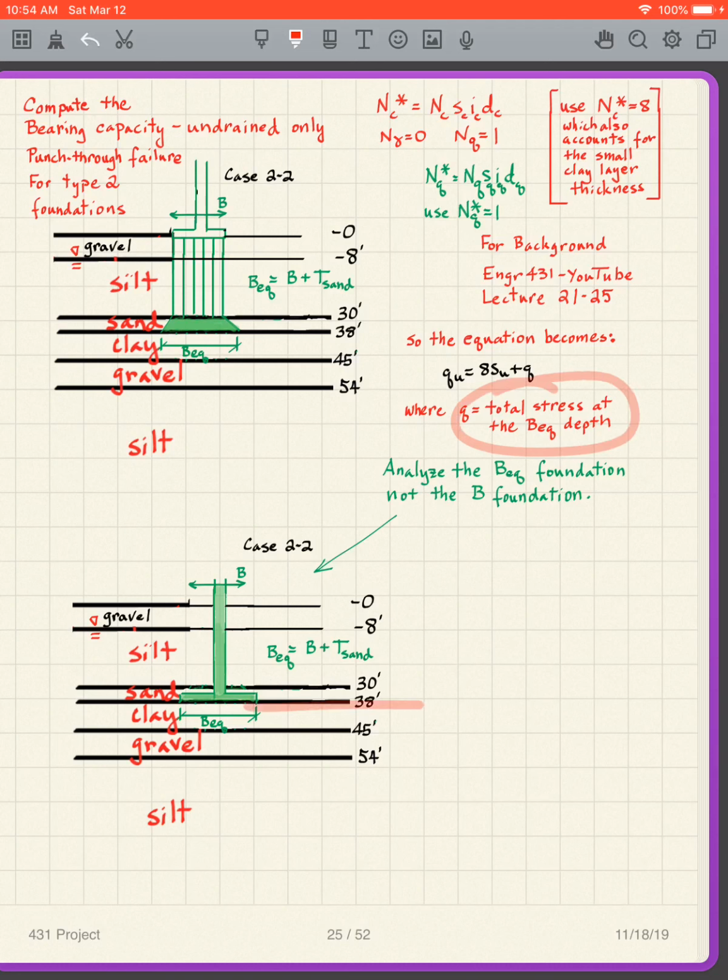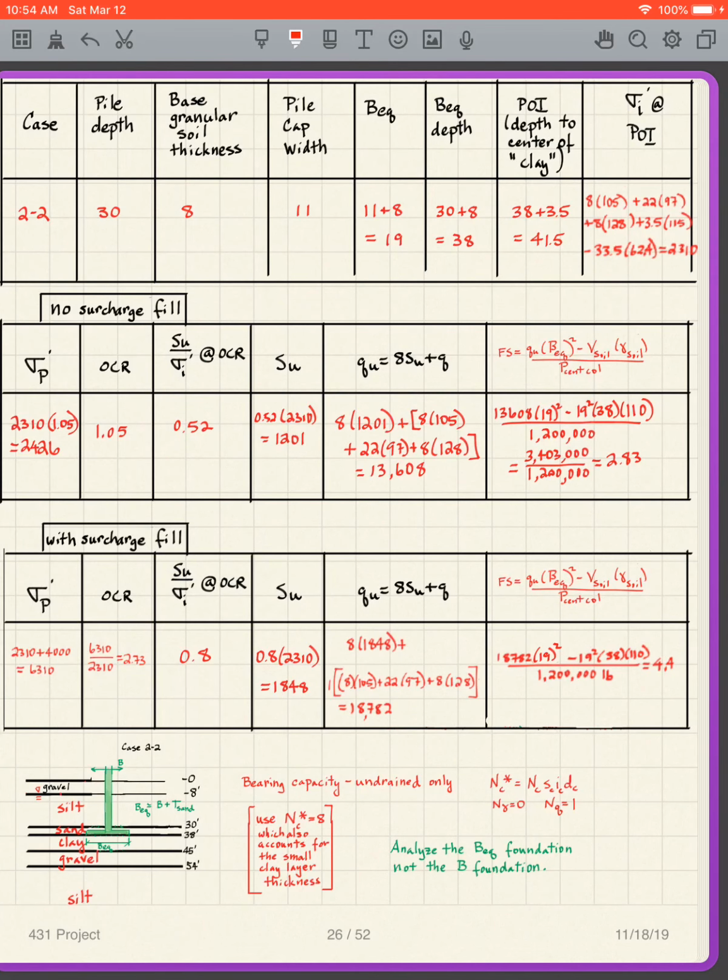The B equivalent depth is 38, so I want the total stress there. These numbers have to add up to 38, so I've got 8 plus 22 is 30, plus 8 is 38, and then I put the unit weights of each of those layers there, 105, 97, 128, so those are the densities of those layers. I get my QU of 13,600 PSF.